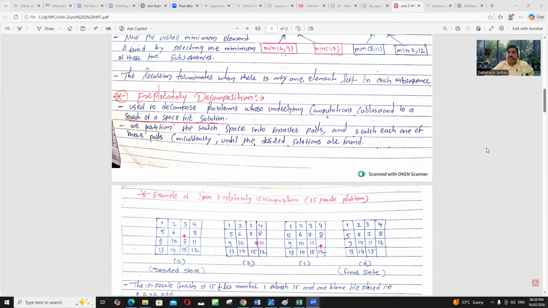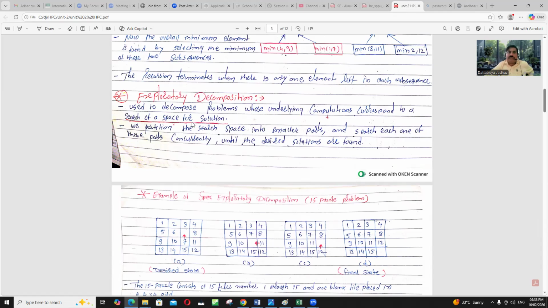In that method, we decompose a problem whose underlying computations correspond to a search of a space for a solution. So we have n number of options leading to a number of solutions, and in that, the computations correspond to a search of a space of solutions.